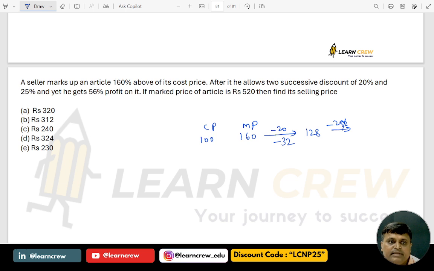A seller marks up an article 160 percentage above the cost price. So finally what is given, and he gets 56% profit. If the market price of the article is 520 rupees, then why do all these things? Directly you can do this.